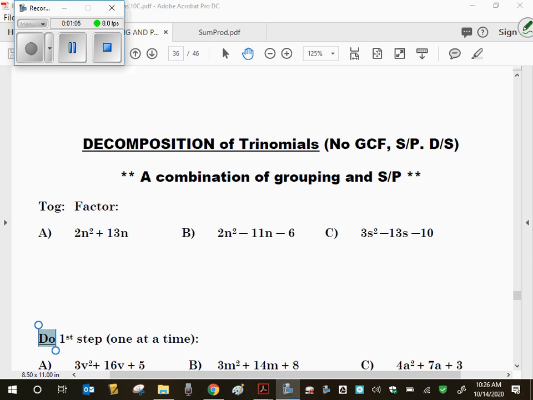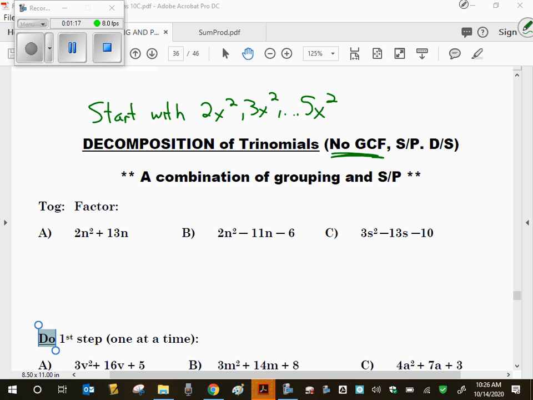First of all, you have to recognize them. All of these questions start with 2x squared, 3x squared, 5x squared, and you can't take a GCF out. Write this down please: 2n squared, sorry, you guys can write down the question.